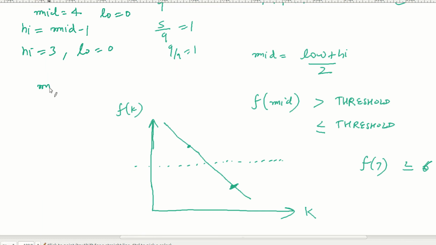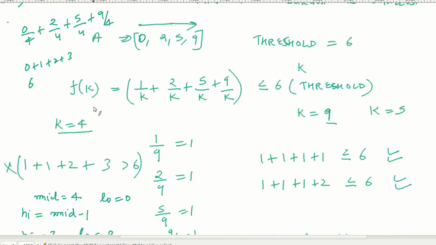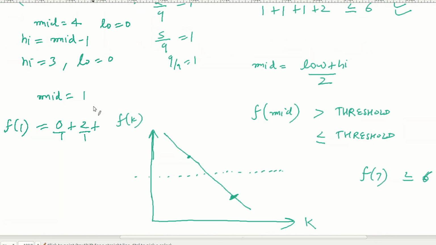So mid will be here, 0 plus 3 by 2 will be 1.5, so I will round it off to 1. Now if I compute f of 1, it is 0 by 1 plus 2 by 1 plus 5 by 1 plus 9 by 1. So f of 1 will be nothing but 9 plus 5, 14 plus 2, 16, which is greater than 6.